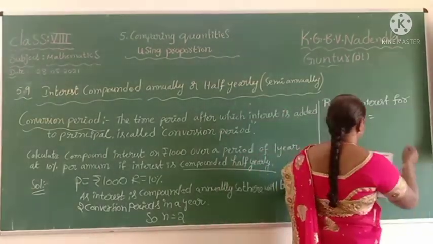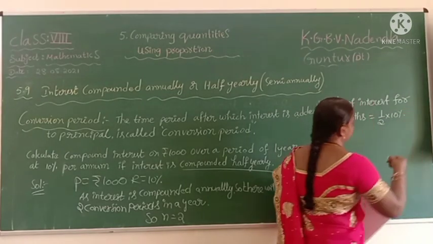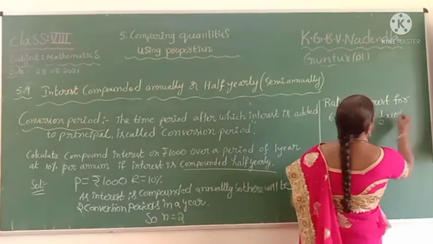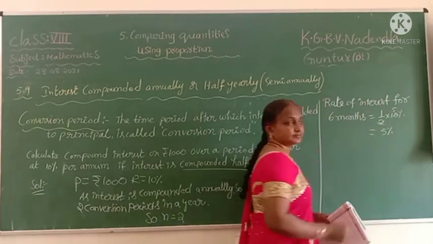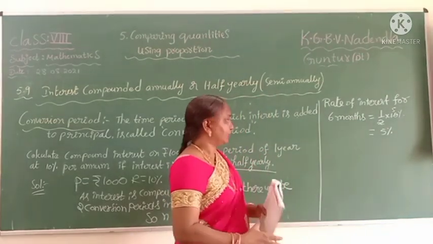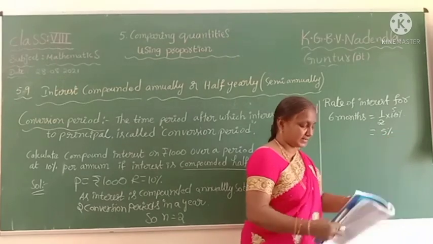Then what is the rate of interest for 1 year? That is 10%. Half of it is 5%. Here when we compound it half-yearly, we take the rate of interest as 5%.